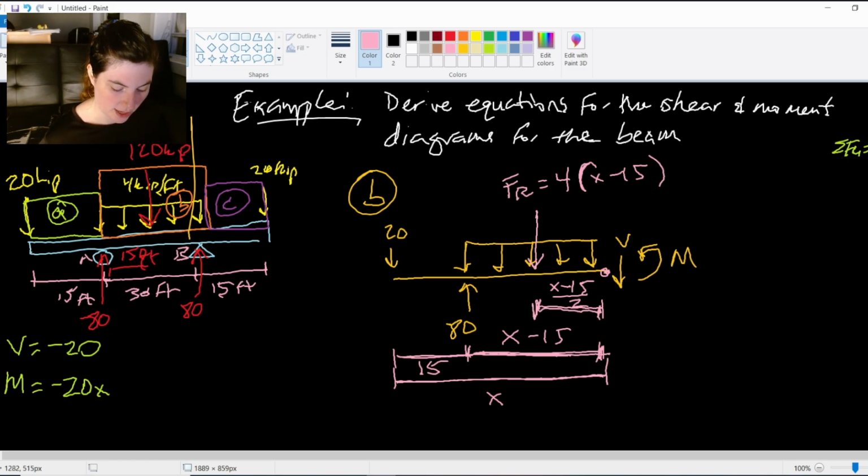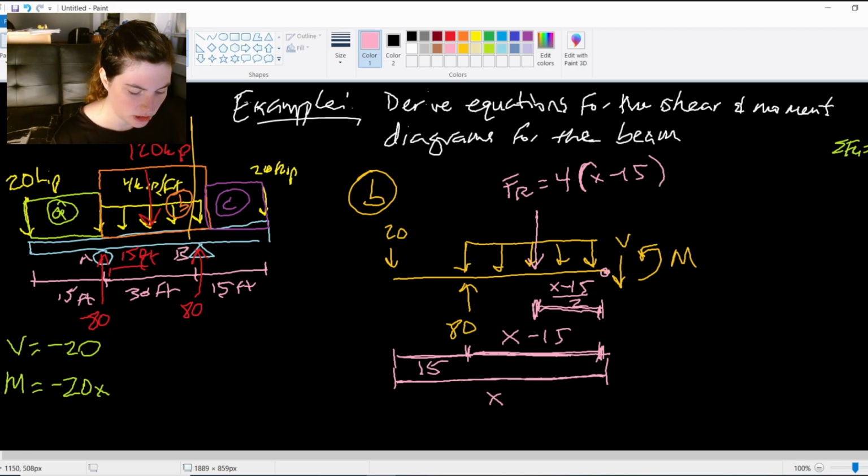It's the distance away. So now you can see why it's really important to be labeling all of these things on your diagram, labeling your distances, because we've got a lot of information we've got to pull from this to construct these equations, right?